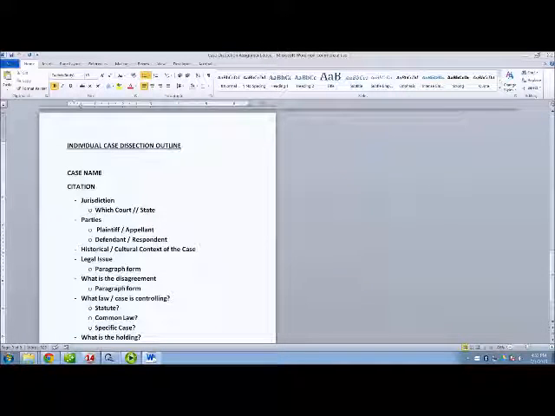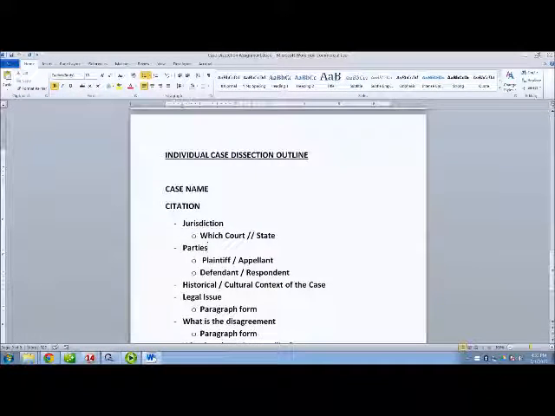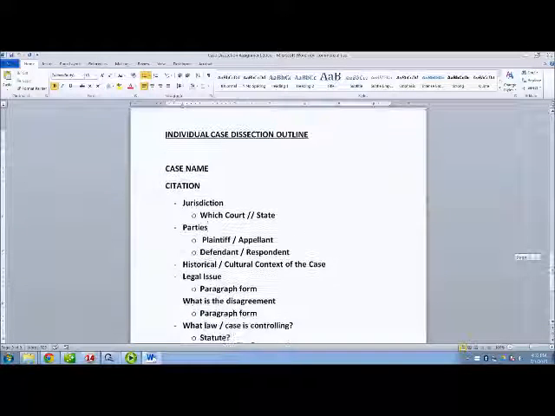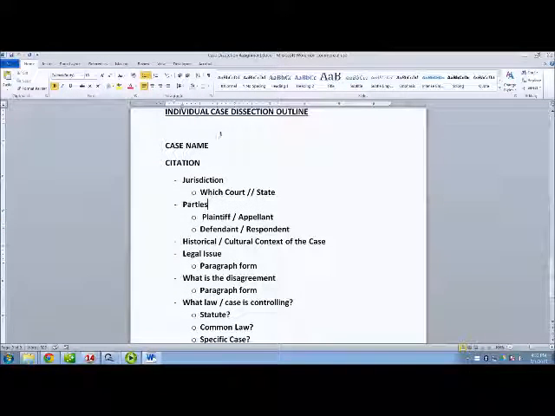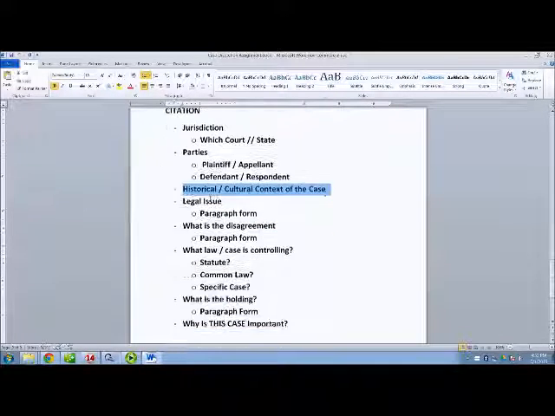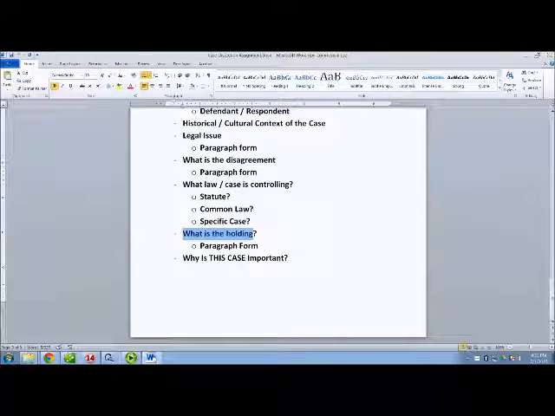So we're looking at the individual case dissection outline here. This is what you should base your individual case dissection from. Again, jurisdiction, the parties, the historical cultural context, the legal issue, what's the disagreement, what law or case is controlling, what is the holding, what did the court decide, and then why is this case important.